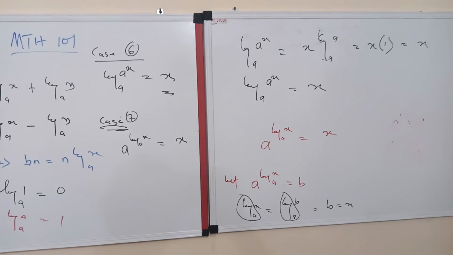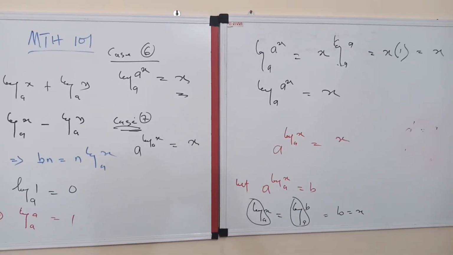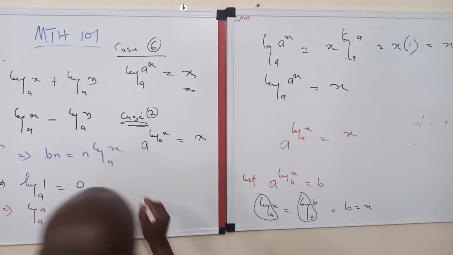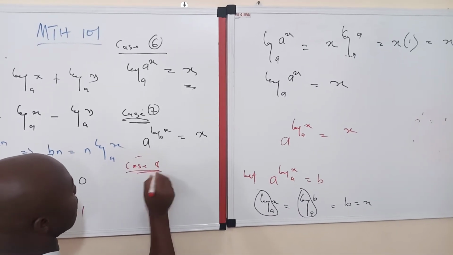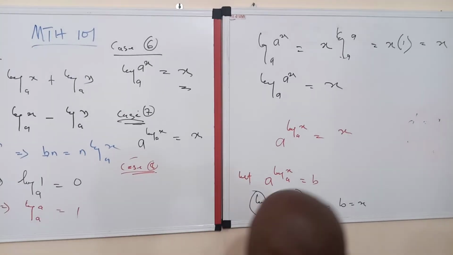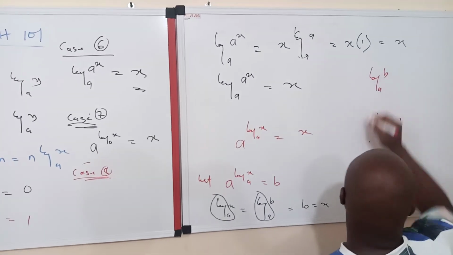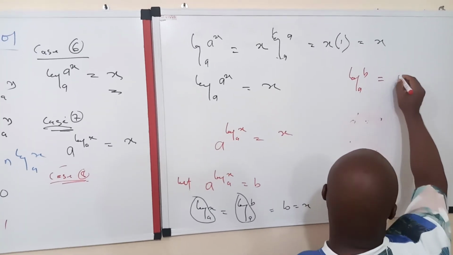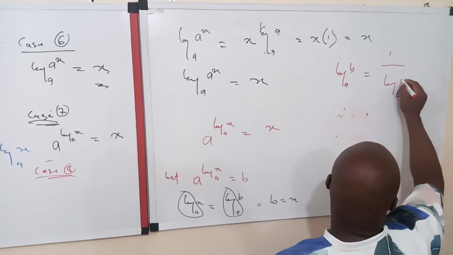We have other cases that we can also consider, say case 8. Let's call it case 8. If we have this, we can also rewrite this in terms of one over a whole number, this of a.